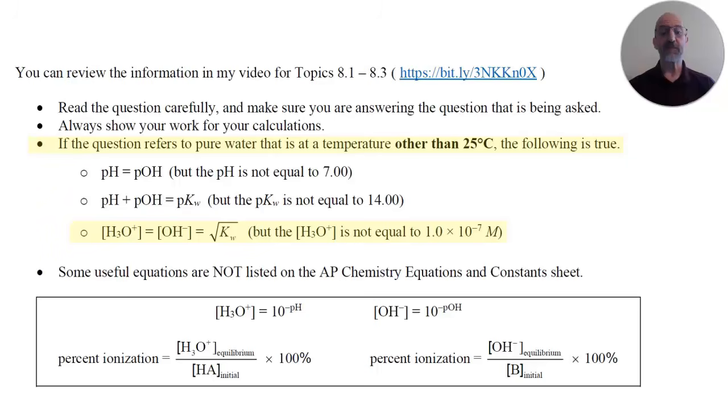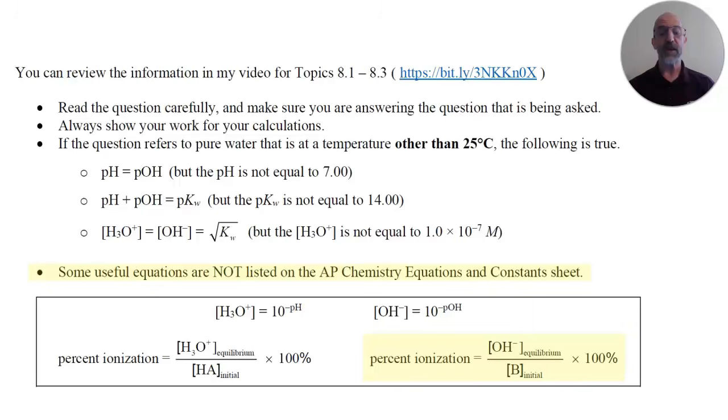All right, my next piece of advice is that some useful equations, such as the 10 to the minus pH to get you the concentration of the hydronium ion, or 10 to the minus pOH will get you the concentration of the hydroxide ion, or this equation involving the percent ionization of a weak acid, or this equation involving the percent ionization of a weak base.